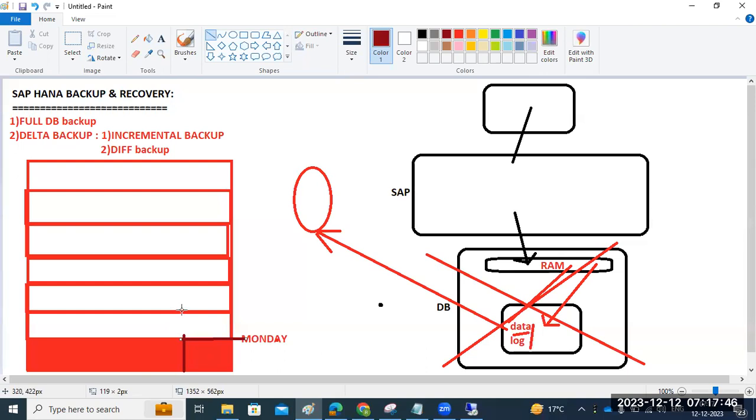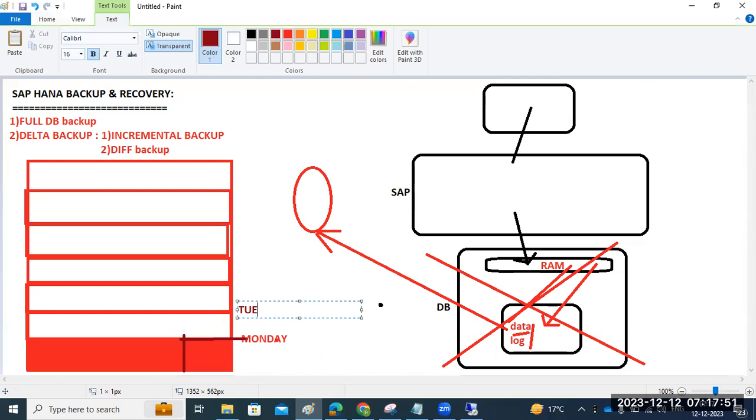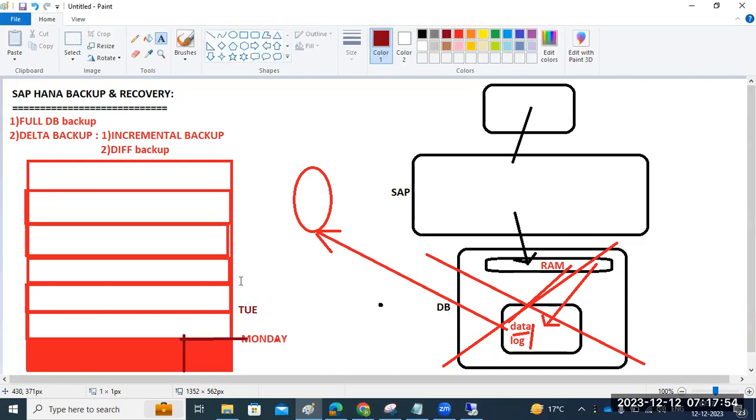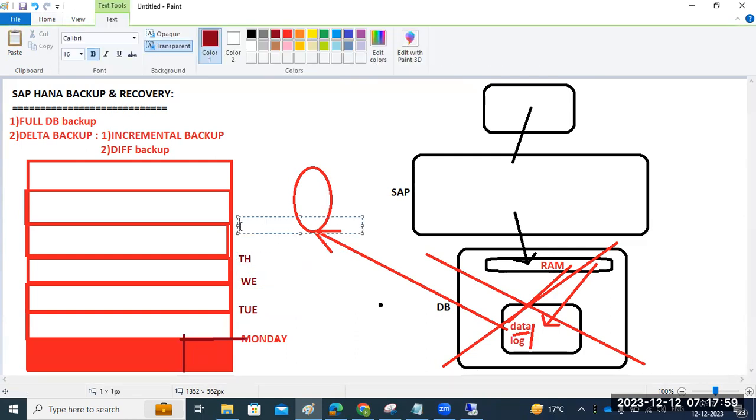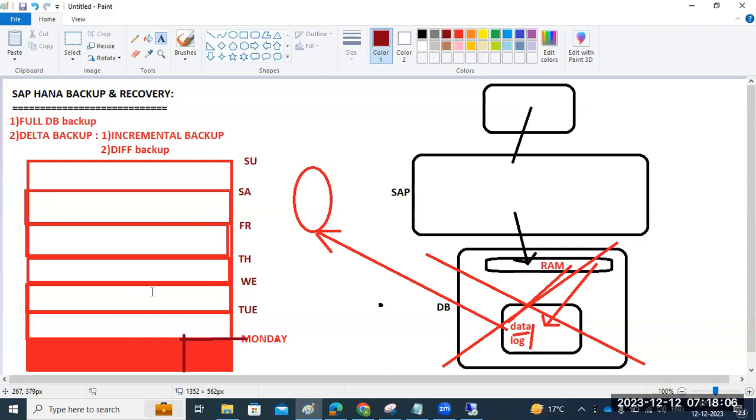Suppose again you are taking the backup on Tuesday, then Wednesday, Thursday, Friday, Saturday, Sunday. You take the backup on Monday, that is fine. Then on Tuesday the data got increased up to here. Every day data will come to the database level and it will be stored there.